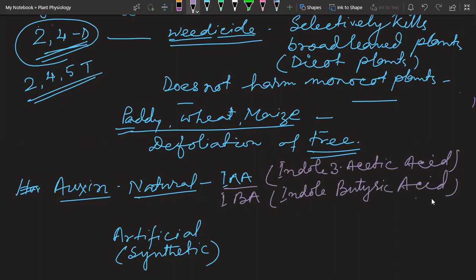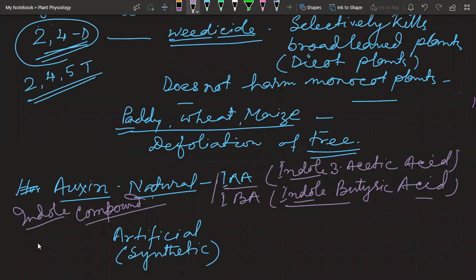These are natural auxins. Auxin is an indole compound, which is synthesized from a precursor chemical known as tryptophan. Tryptophan is an amino acid.